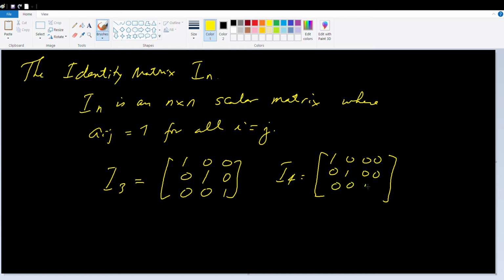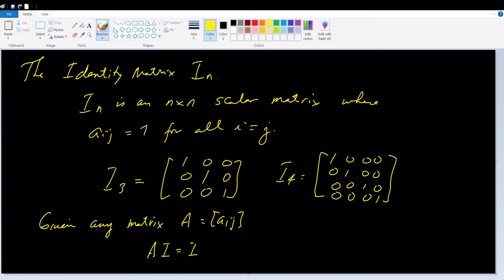So what is the relevance of this identity matrix? The identity matrix is such that if you are given any matrix A of any size, A times I equal to I times A equal to the matrix itself, right?